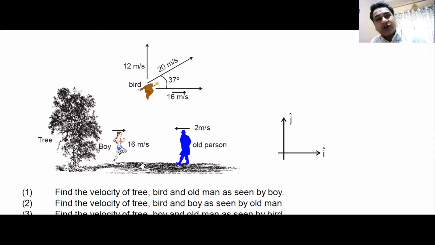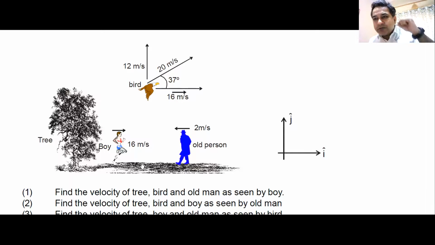We'll do part 1 of this question. Part 1 is, find the velocity of tree, bird, and old man as seen by boy. We'll be doing this part in the class now, and the other 2 parts will be given to you as homework. I hope that you do that homework.